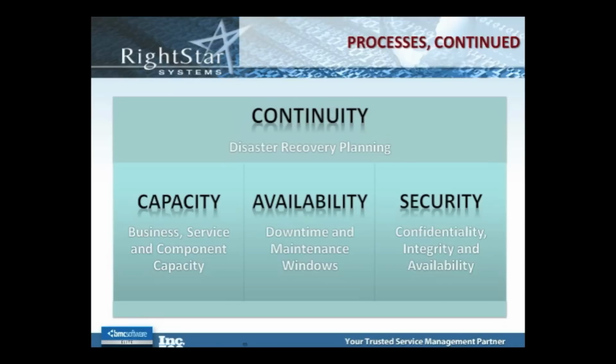And like capacity, the availability for a specific service or an overall business can be and will be impacted by the availability of the components that underpin that service. In availability management, we focus on downtime. We also want to understand maintenance windows and hours of support for our customer.